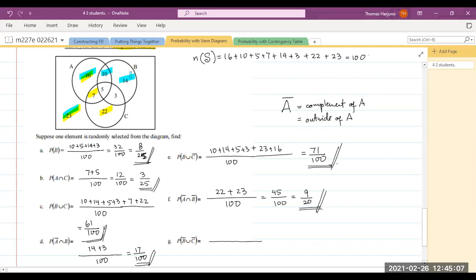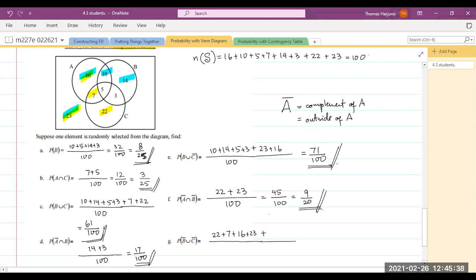Because it's an or, it just needs to satisfy at least one of the requirements, colored at least once. So 22 plus 7 plus 16 plus 23. Those are the number of people outside of B, plus the number of people outside of C.